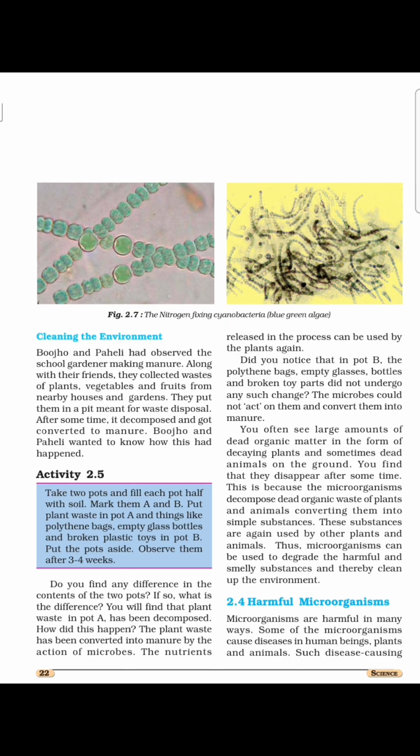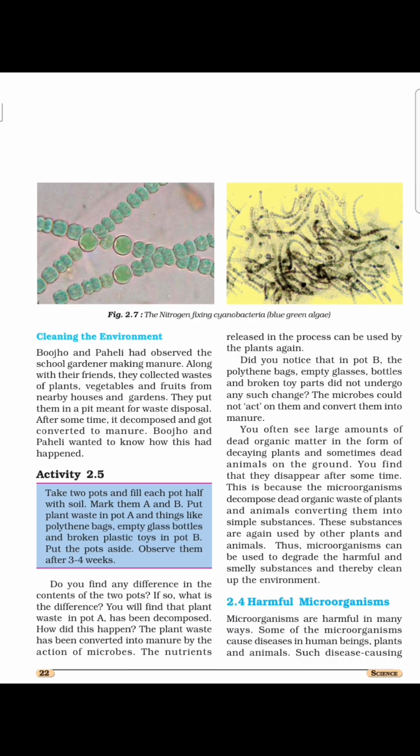The process of waste turning into manure is explained by the action of microorganisms. These tiny living beings break down complex organic materials, releasing essential nutrients back into the soil.